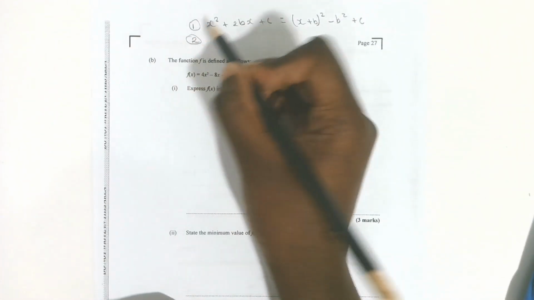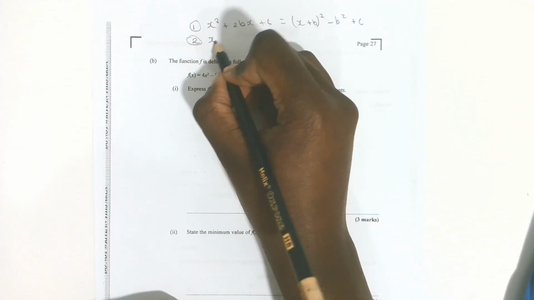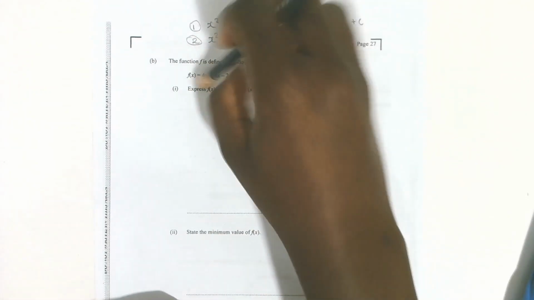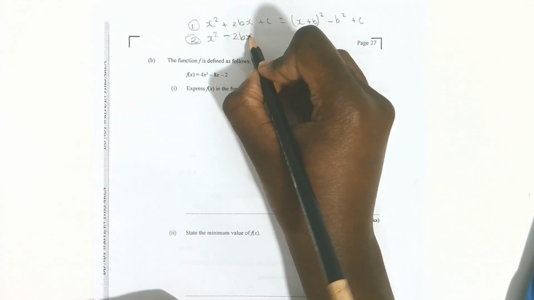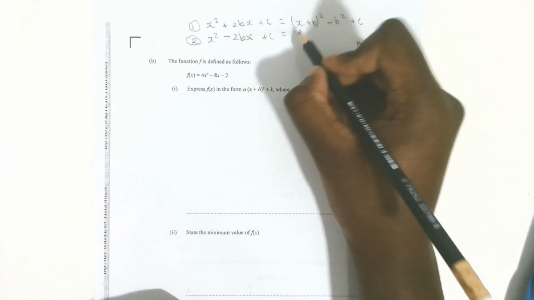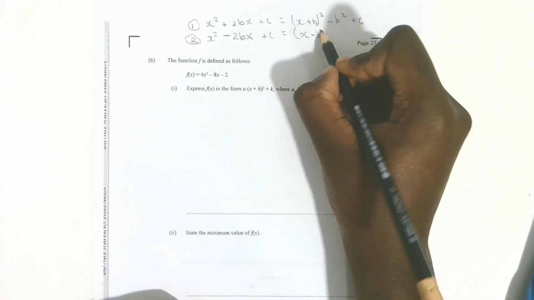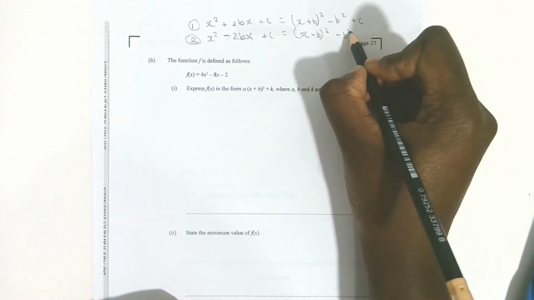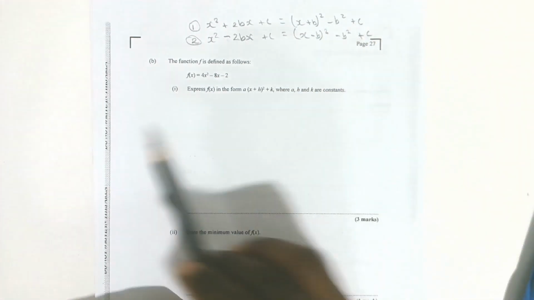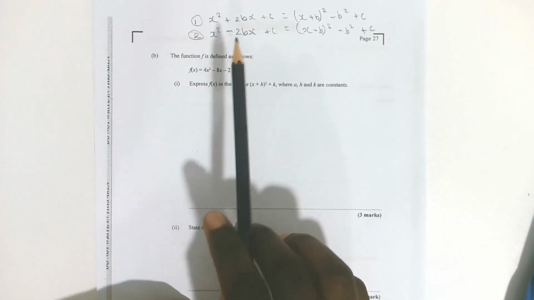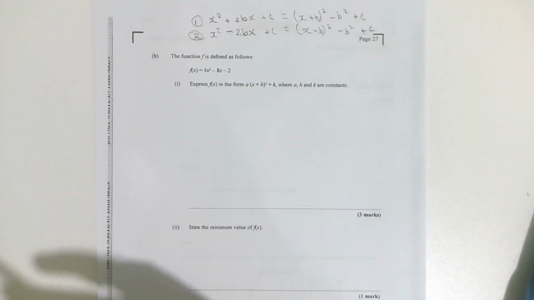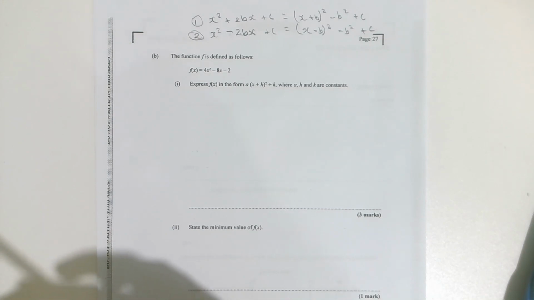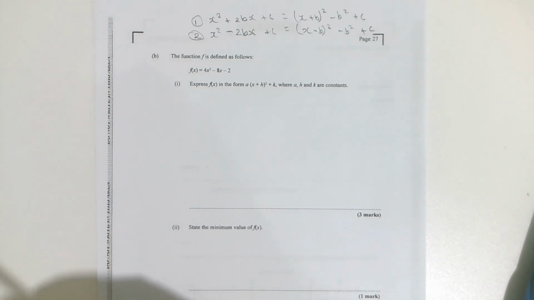And then our second identity is x squared minus 2bx plus c is equal to x minus b squared minus b squared plus c. So this is just a guideline on how you get your quadratic equation in completing the square form.